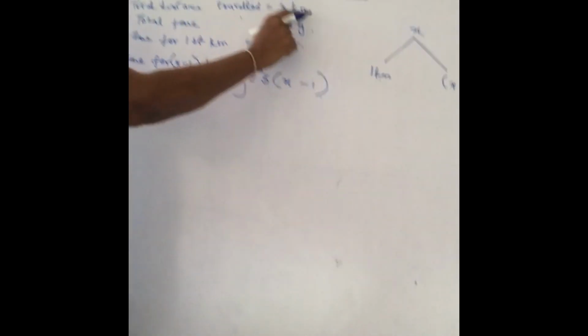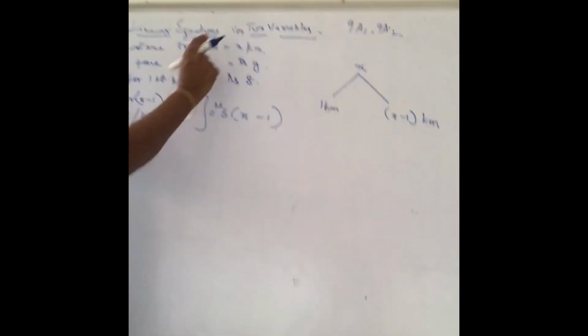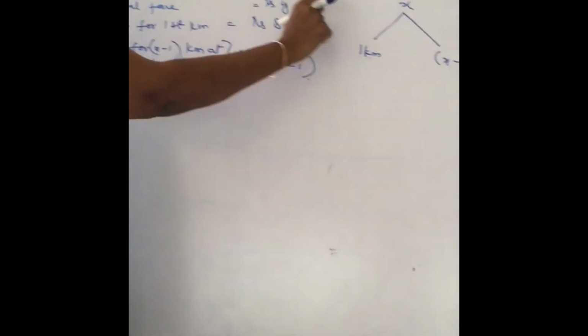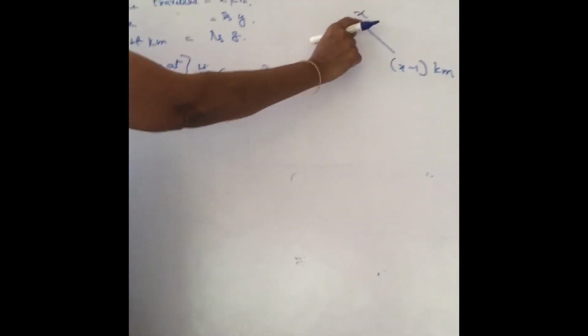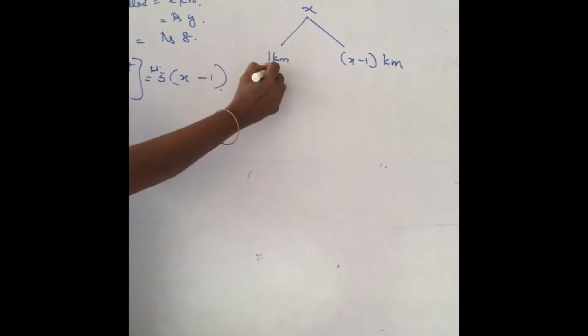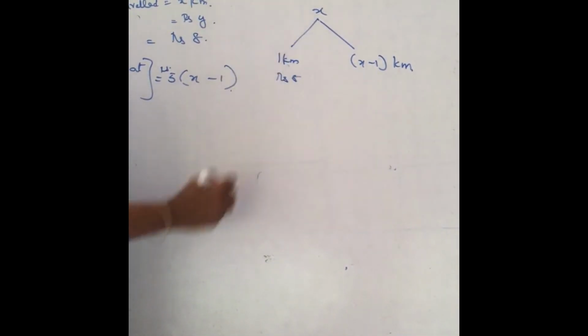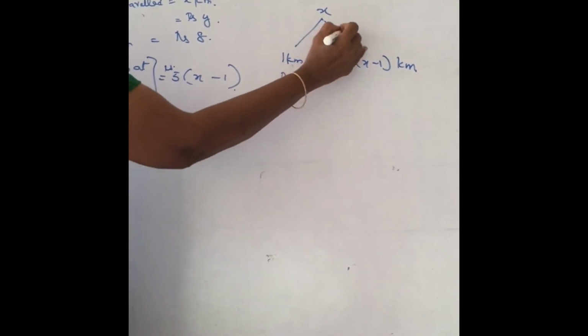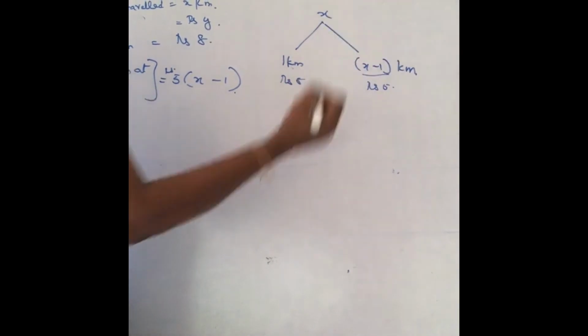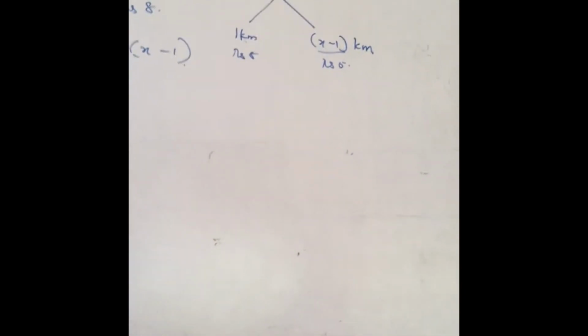You have traveled x kilometers and you are going to pay rupees y. But how that x kilometers distance is divided, children? The first kilometer you have paid rupees 8. And for the subsequent, children, you are going to pay at the rate of rupees 5.